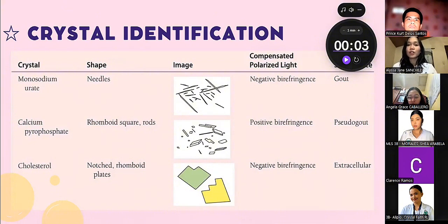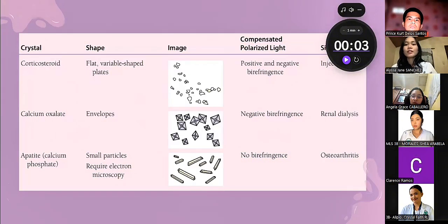Third is cholesterol, notched or rhomboid plates. That is the image. It has negative birefringence, and it is for extracellular. And the corticosteroid, it has flat and variable shaped plates. It has positive and negative birefringence, and its significance is injection.